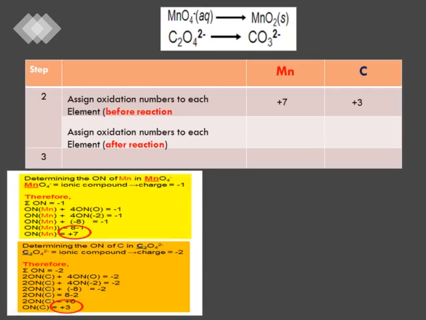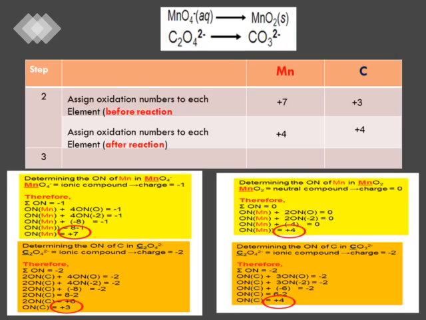Following the given rules, we get the oxidation number for manganese and carbon before reaction is +7 and +3 respectively, and after reaction is +3 and +4 for manganese and carbon respectively. We now know that manganese has been reduced and carbon has been oxidized.